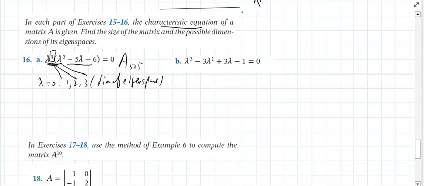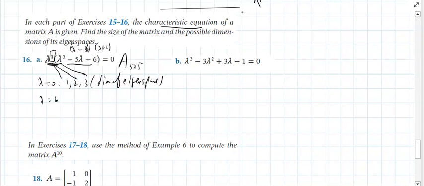Here, I see a quadratic. Well, that factors lambda minus 3 into lambda minus, no, not adding, minus 6 lambda plus 1. So lambda equals 6 has multiplicity 1.